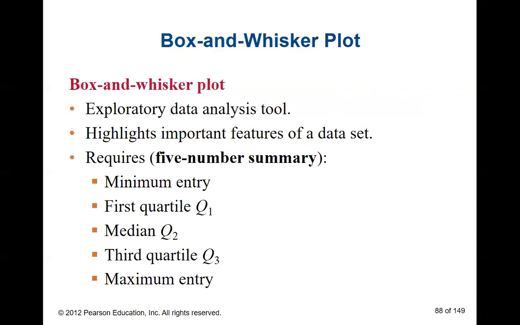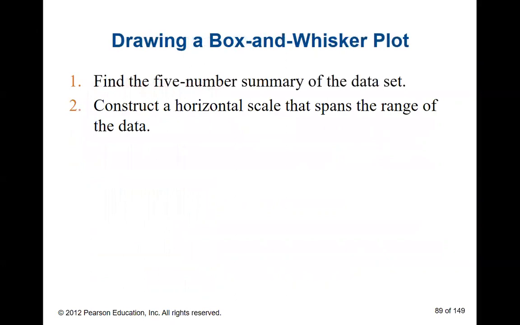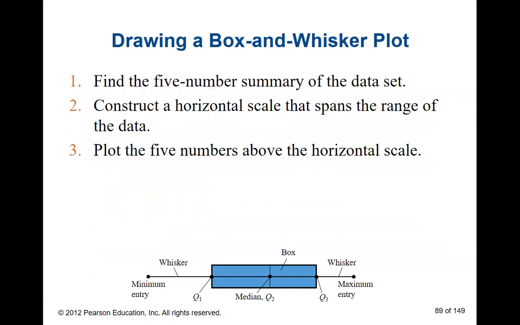Okay, you're going to need all that information to draw a box and whisker plot. So let me just show you real quickly using the data we have on the board. To draw your box and whisker plot, you have to have the 5-number summary. You need a horizontal scale, not the way I did it, but really actually mark off legitimate units so that you can see the range of the data, and then you plot the 5 numbers above the horizontal scale.